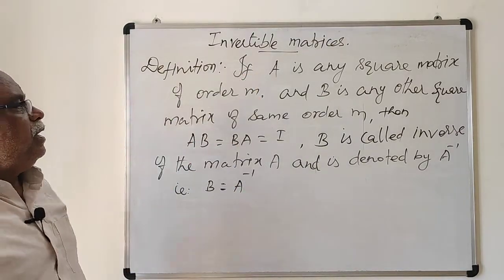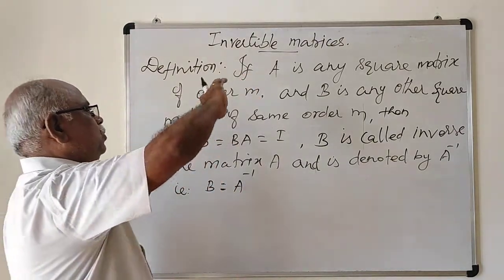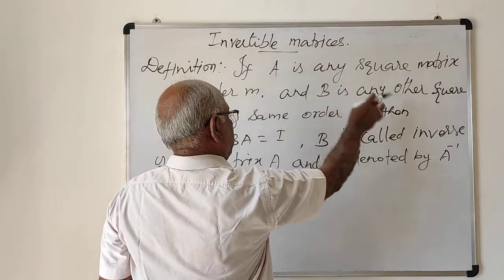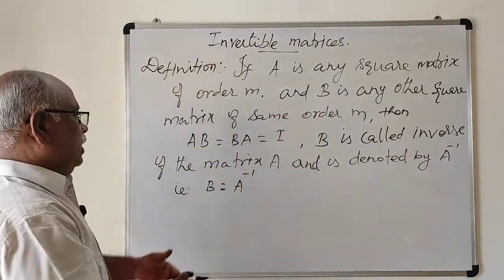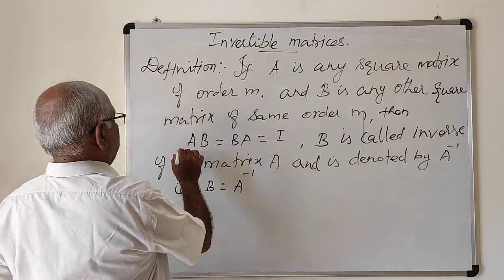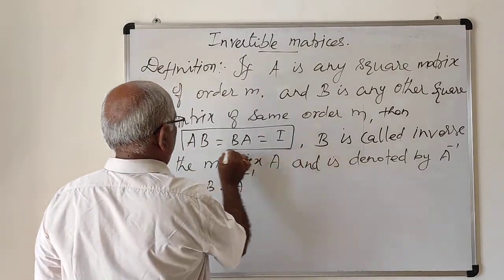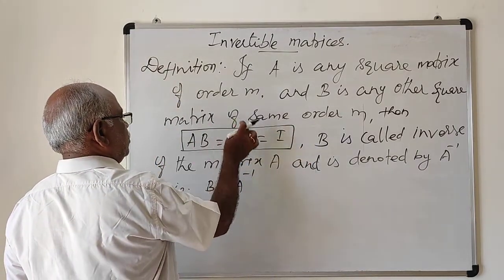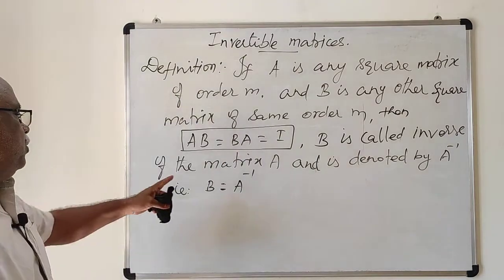If A is any square matrix of order M and B is any other square matrix of the same order M, and AB equal to BA equal to I, then B is called the inverse of matrix A, denoted A inverse.